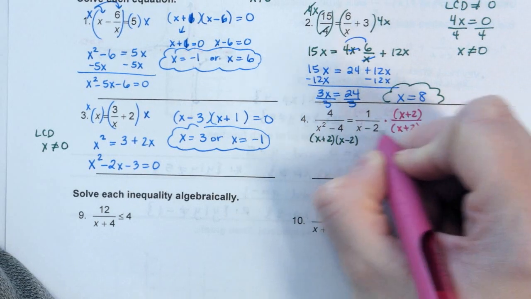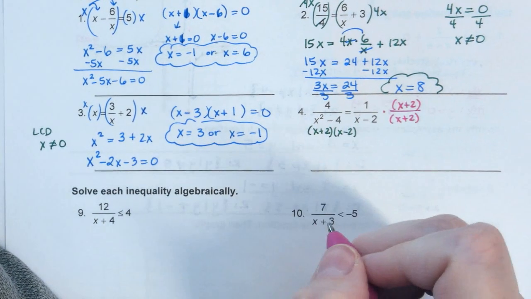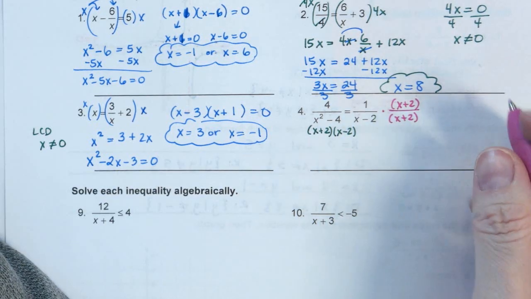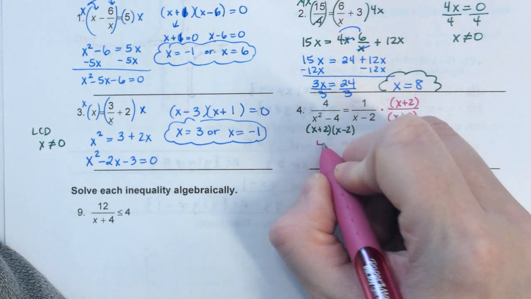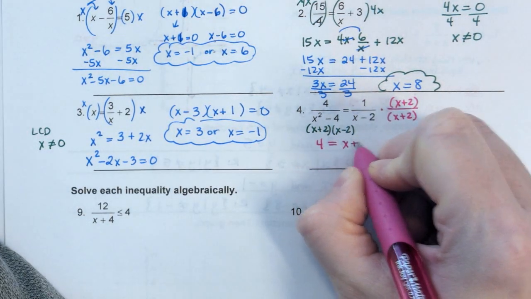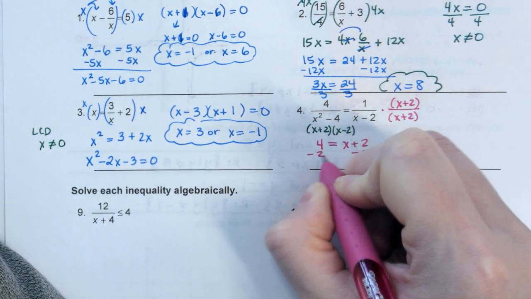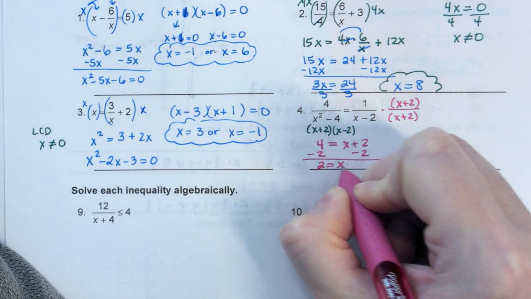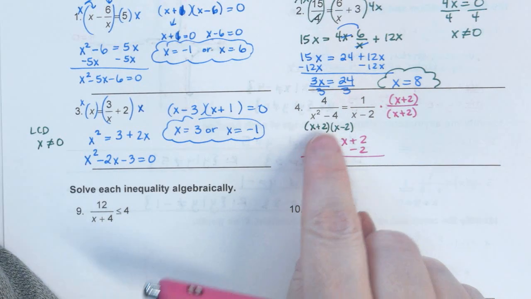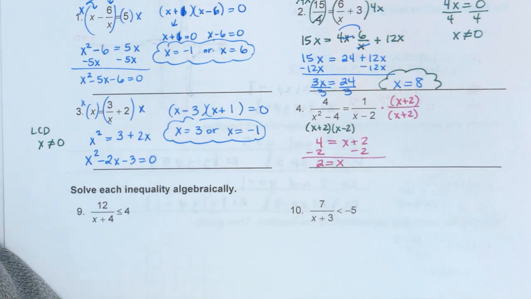And then once the denominators are equal, what do we know? Yeah, the numerators are also equal. So when I set this up, I can just do 4 equals 1 times anything is itself. And I just have x equals 2. Okay, and it's fine to go from this to this. You just have to show what your step is here.